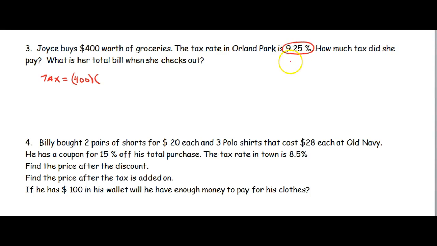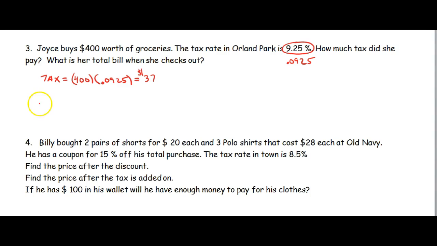And remember, if I divide that by 100 or move the decimal 2 places to the left, I would get 0.0925. So if I take 400, multiply it by 0.0925, you end up getting that she would pay $37 in taxes.